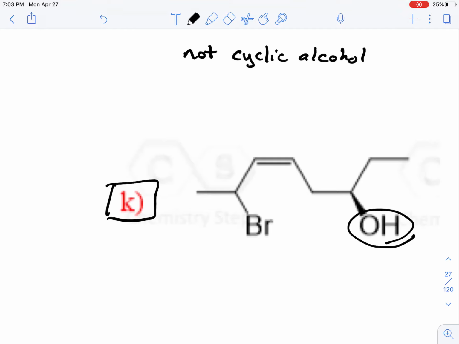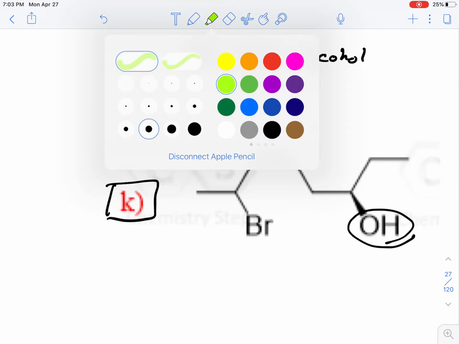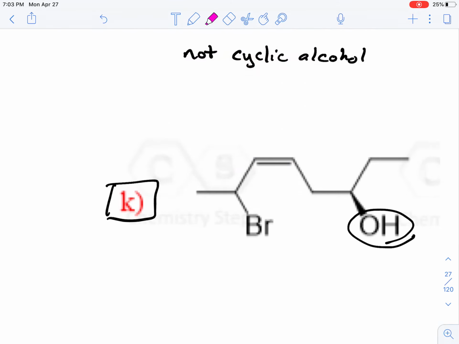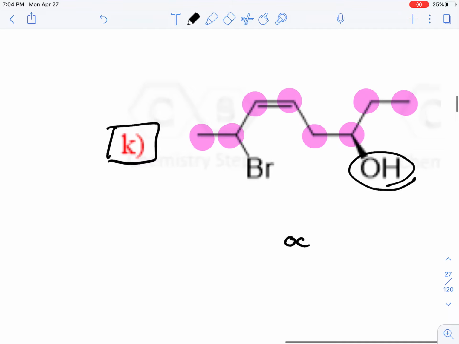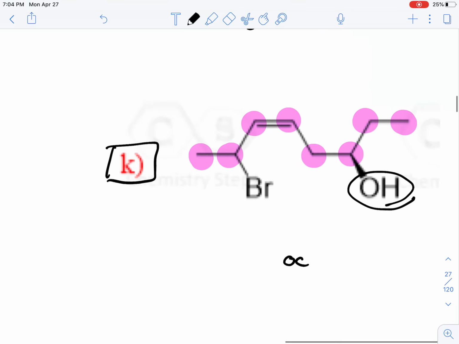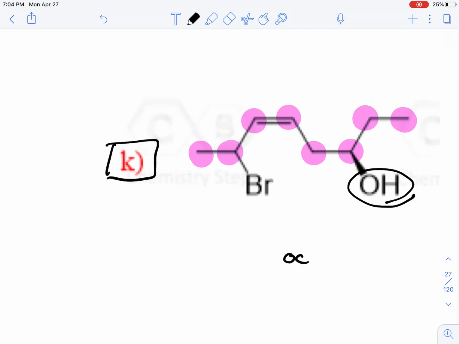And so what that tells me is that I need to number my longest carbon chain such that the alcohol gets the lowest number. Okay, so let's first figure out what my carbon chain is. So I have 1, 2, 3, 4, 5, 6, 7, 8. And so here in this case, I have oct. So notice how I'm not putting cyclo, right? I'm not saying cyclooct because it's a straight chain. So this is going to be an octane.